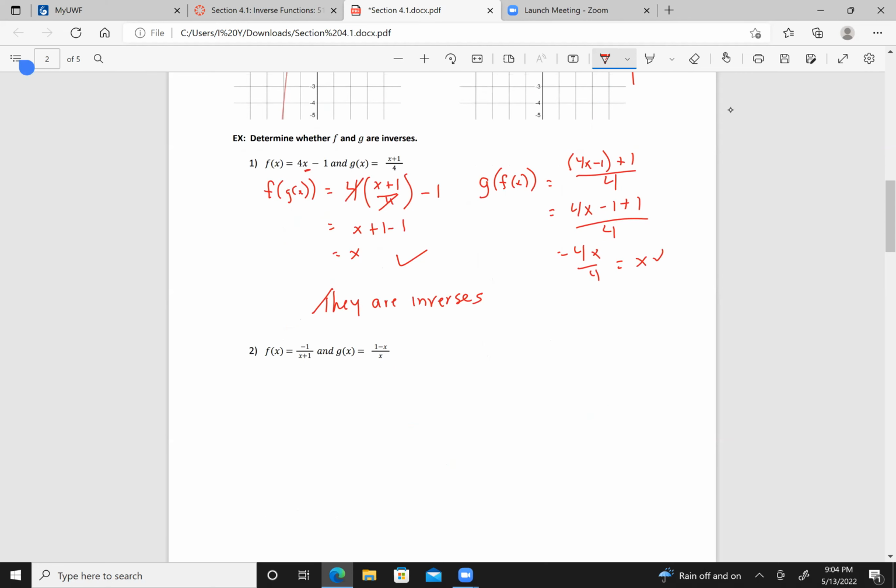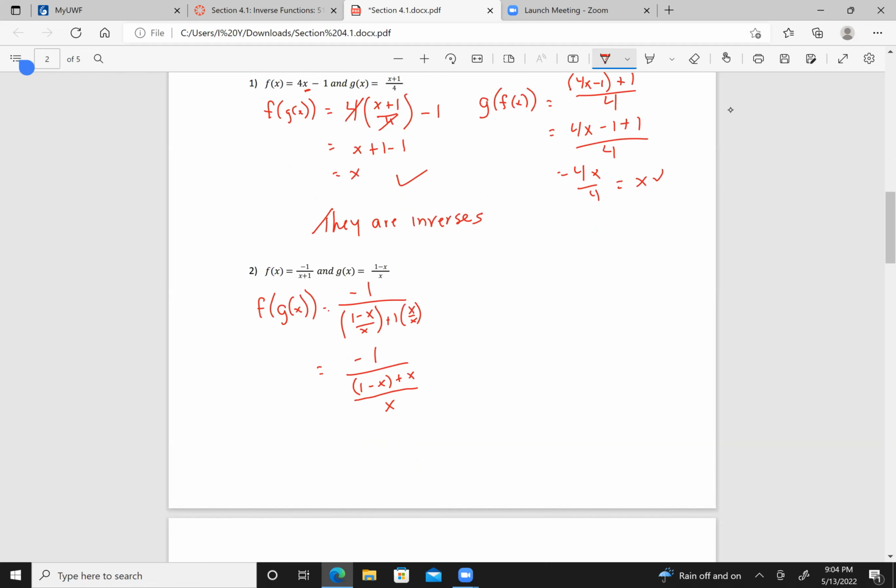Okay, now let's look at one a little more difficult here. Let's start out with f of g of x, which is -1 over 1 minus x over x plus 1. So if we take this and multiply it by x over x, to start with, I get 1 over 1 minus x plus x, all over x.